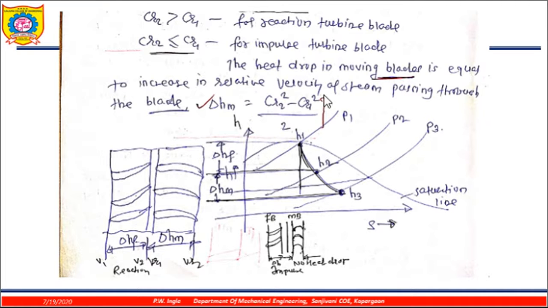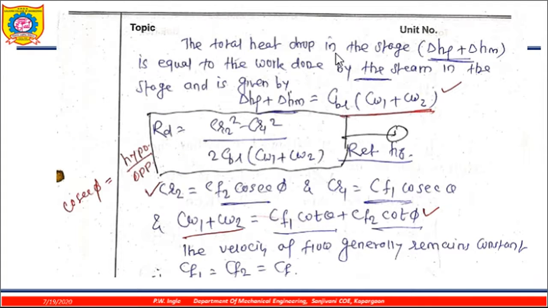Now the heat drop in the moving blade is equal to the increase in relative velocity of steam passing through the blade. So delta Hm equals (Cr2 squared minus Cr1 squared) by 2. Since Cr2 is more, that is why it is Cr2 squared minus Cr1 squared by 2. Next, the total heat drop in the stage, delta Hf plus delta Hm, is nothing but the work done.